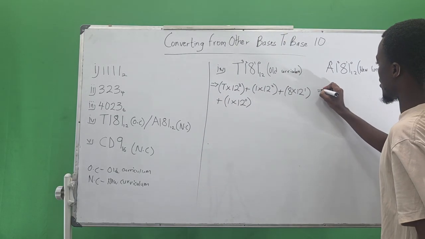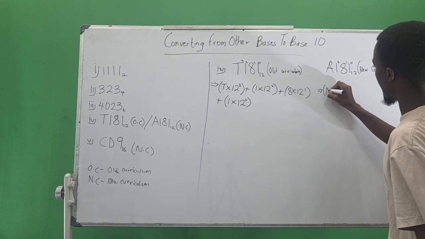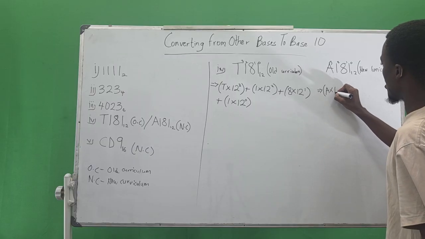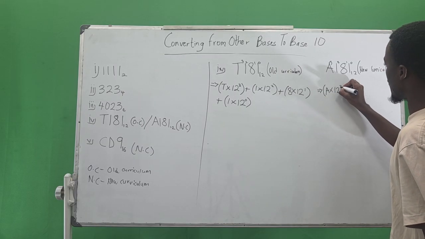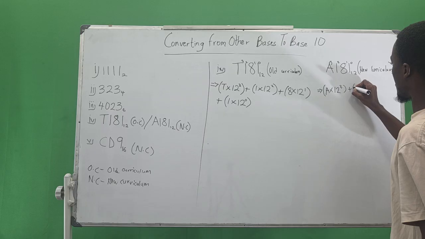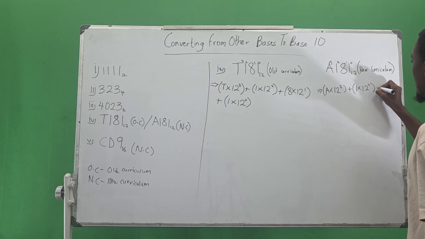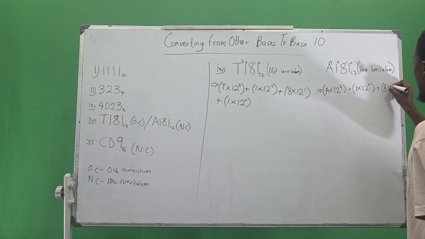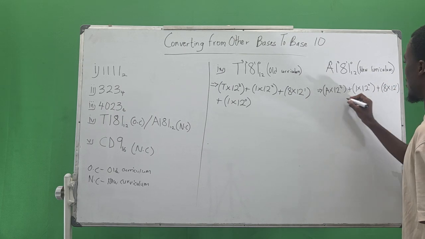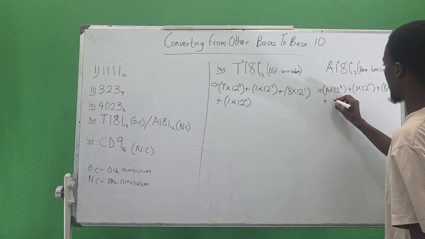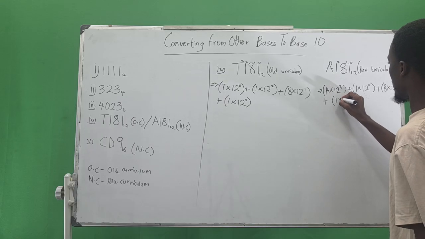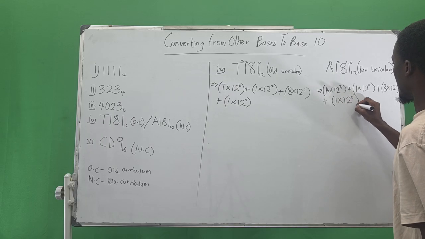The same way for the new curriculum. You have what? A times what? 12 to the base of 3 plus what? 1 times 12 to the base of 2 plus what? 8 times 12 to the base of 1 plus 1 times 12 to the base of 0.